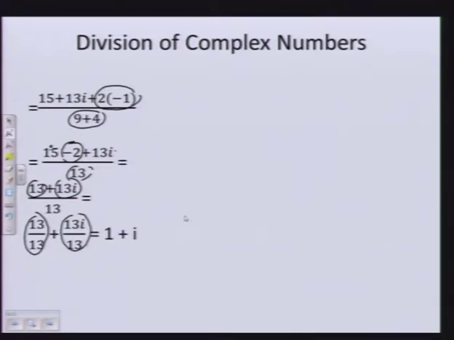Well, 13 over 13 gives us 1. And 13i over 13 just leaves us with i. And so we've completed the division here. Therefore, 5 plus i divided by 3 minus 2i is equal to 1 plus i.